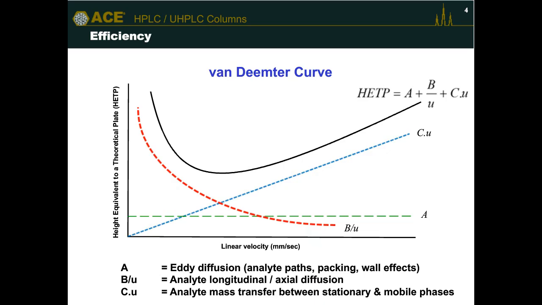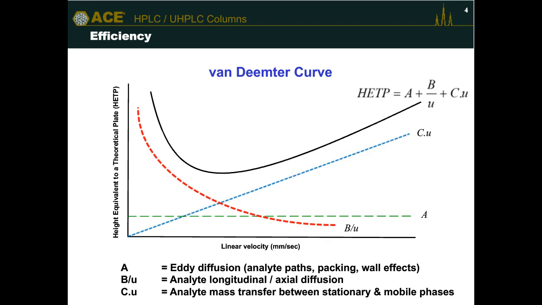And I couldn't really talk to you about solid core particles without showing a Van Deemter equation. So for those of you who are familiar with chromatographic theory, this graph describes the pathway of our analytes through a column. So all of our analytes of one type will not move in exactly the same way through a column.